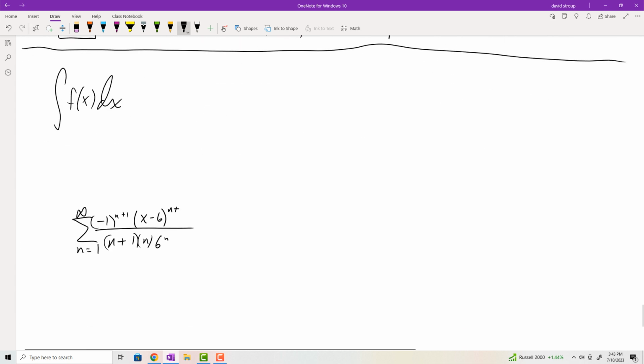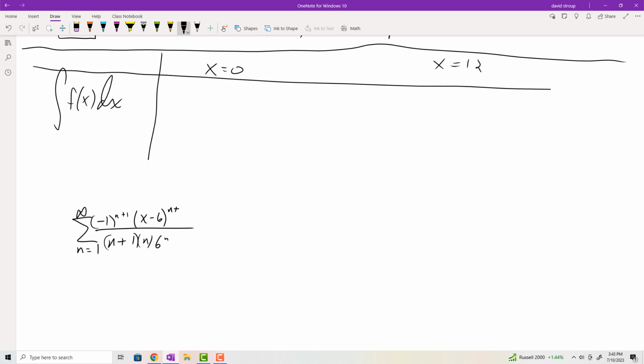Okay. Right. So this time you want to look at the integral. x is 0, x is 12 are our endpoints again. Plugging in 0, I have the sum (-1)^(n+1) times (-6)^(n+1) divided by (n+1) times n times 6^n. So again, I'm going to split that -1 off. So it would be (-1)^(n+1) times (-1)^(n+1) times 6^(n+1).